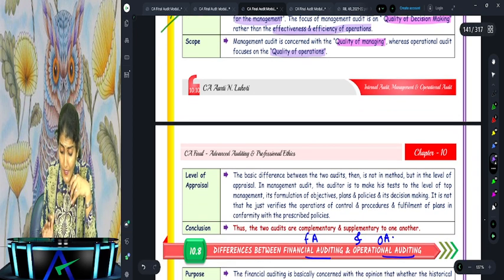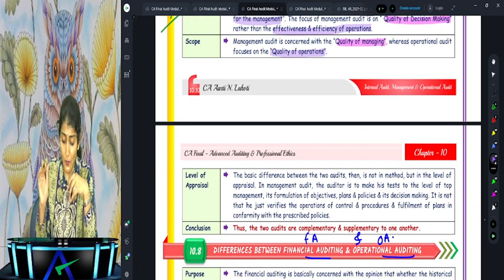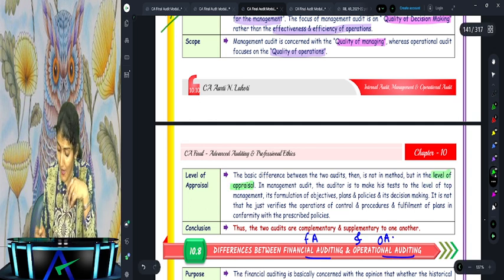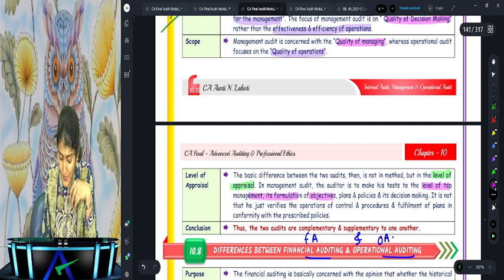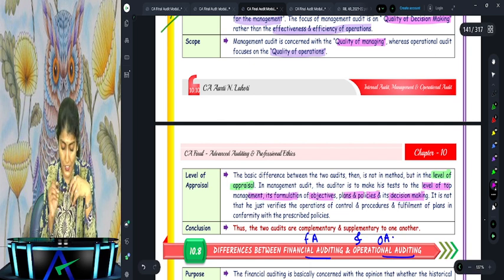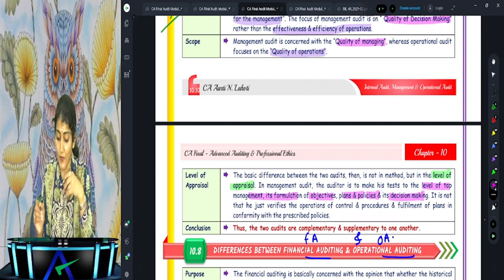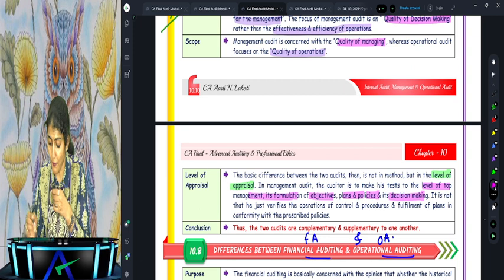Right, the basic difference between the two audits is not in the method, but in the level of the appraisal. In management audit, the auditor is to make tests to the level of the top management, its formulation of objectives, plans, and policies and decision making. And it is not that he just verifies the operations of controls and procedures and fulfillment of plans.